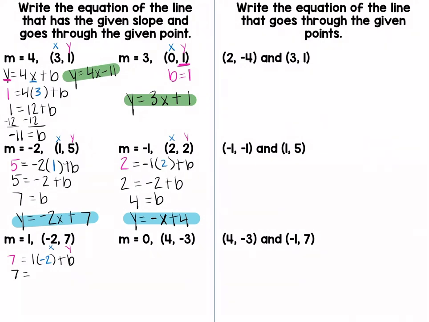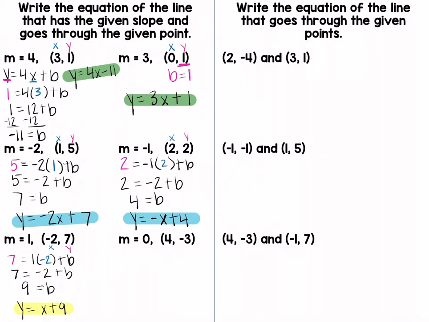So 7 is equal to negative 2 plus b. So b is going to be equal to 9. So my equation is y equals x plus 9. Remember, when we have a slope of 1 or negative 1, the 1 is implied there, so you don't have to put 1. If it makes you feel better, you can put 1x if you would like.